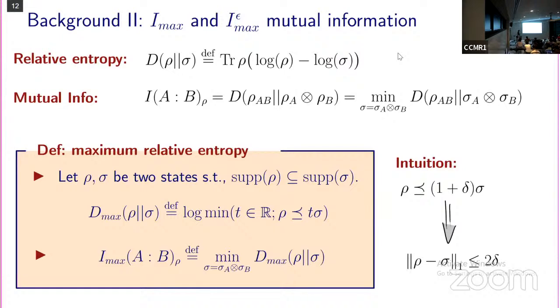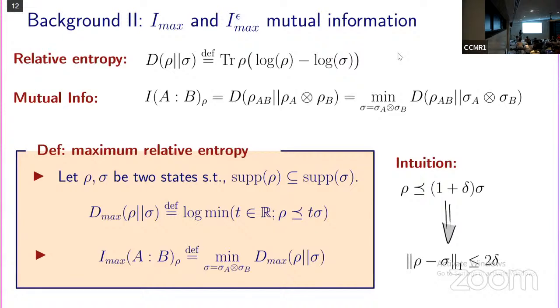The maximal relative entropy is defined by this formula. We are given a state rho and another state sigma such that the support of rho is inside the support of sigma. We are looking for the minimal t such that rho is smaller than t times sigma. Once we have that, we take the log, and this is the D max. The intuition is that if we have to multiply just by 1 plus delta, then rho and sigma are pretty close to each other.